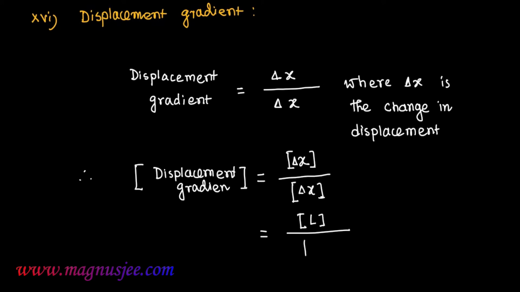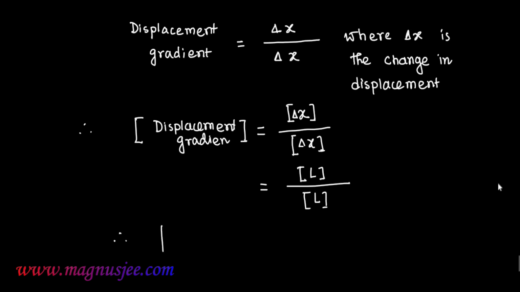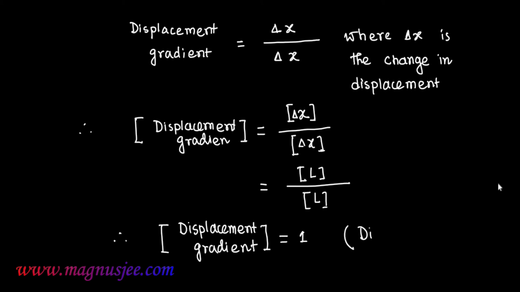Now dimension of delta x is L, capital L by capital L. So finally we get the dimensions of displacement gradient equal 1. That means displacement gradient is a dimensionless quantity.